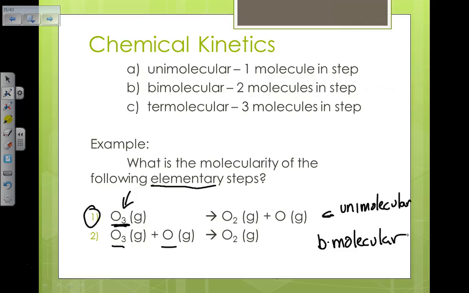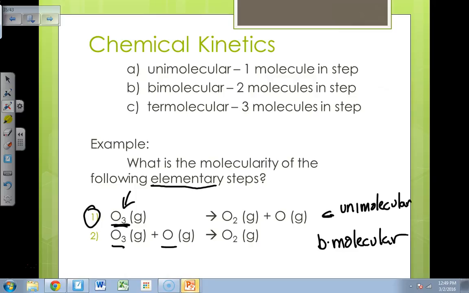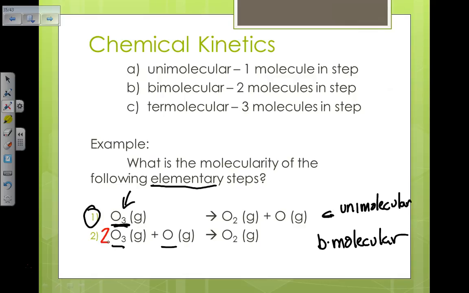Now, let's play the what-if game here. What if we did have a coefficient in front of this? How does that change the molecularity? Well, the idea on a chemical level is that molecularity tells us how many molecules you need in order for the reaction to happen.